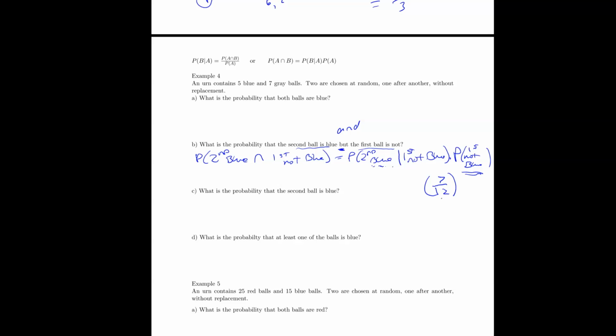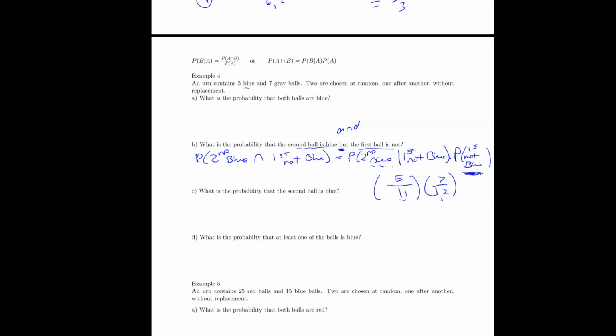I've already chosen one, so I only have 11 left to choose from. Oh wait, second blue. Sorry, I said that wrong. First, not blue, I'd be picking the 7 gray balls out of the 12. I'd have 1 less ball to choose from, and I want the second one to be blue, so I'd be picking from the 5 blue.